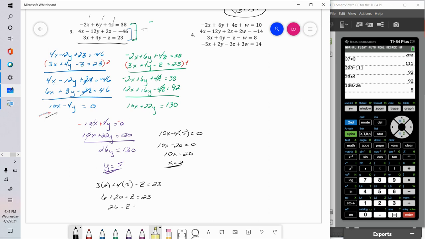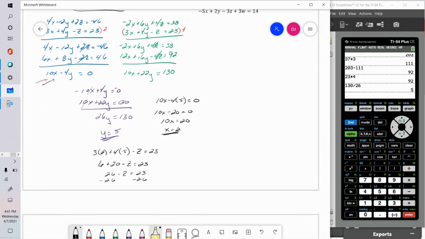So 26 minus z equals 23. And if I subtract 26 from both sides, I'm going to run off my page here, but that's okay. I'm going to get negative z equals negative 3, so z equals 3.